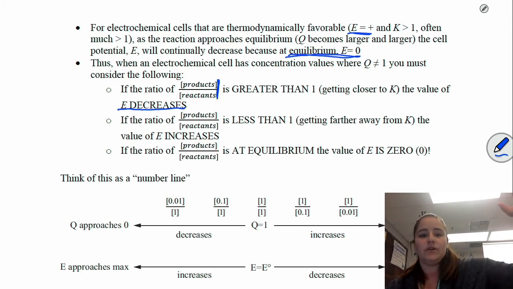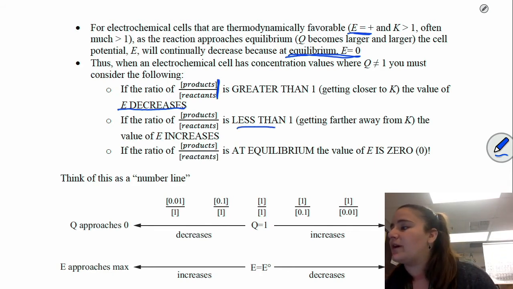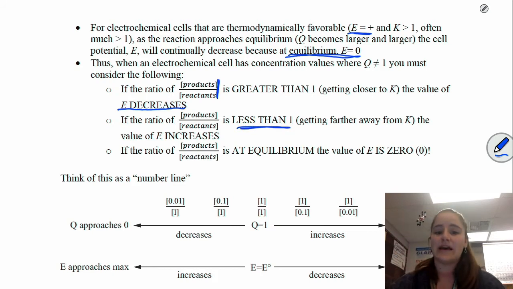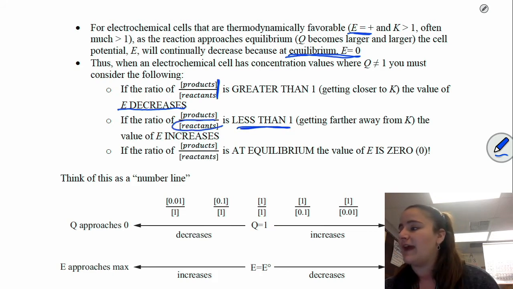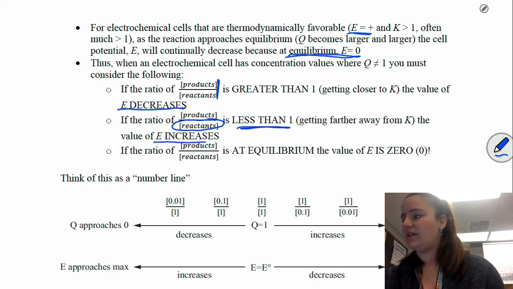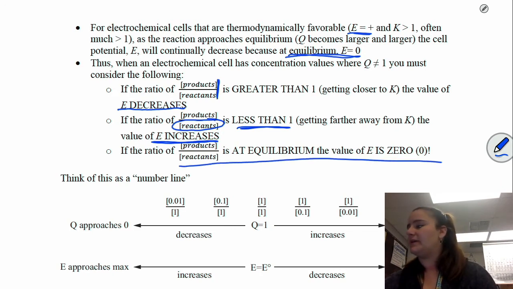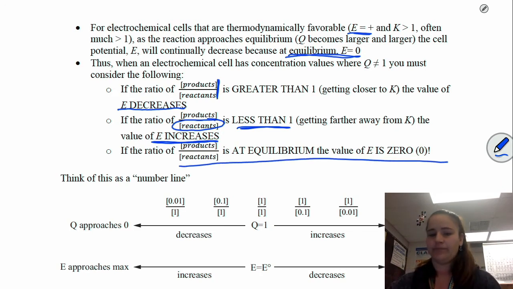So if the ratio is greater than 1, E decreases. If the ratio of products to reactants is less than 1, that means we've got more reactants there. Well, that means our reaction is going to go faster. The value of E will increase. We're going to get more electrons flowing. And at equilibrium, the value of E is 0.